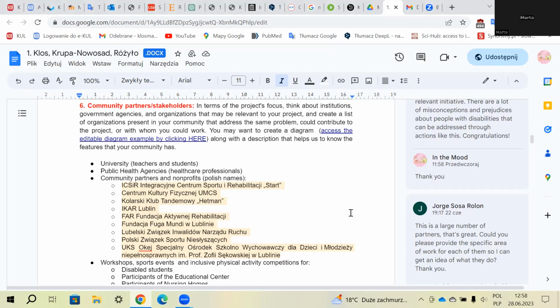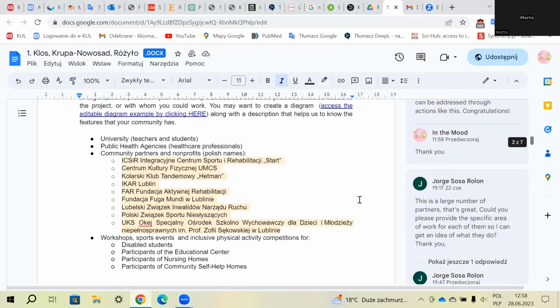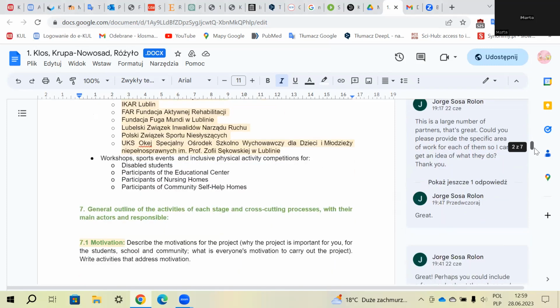Then we have some public health agencies, so some healthcare professionals, some guidelines from public health agencies, and then we have community partners and non-profits, with Polish names, but they are all working with disabled people.